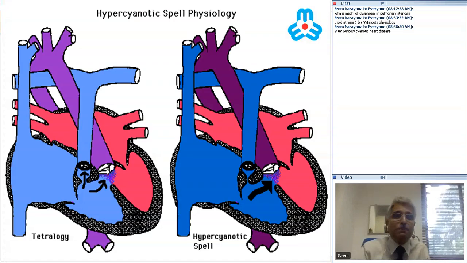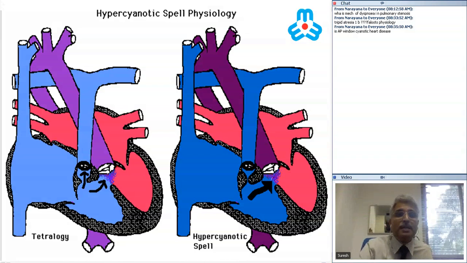If you look at this picture, this actually presumes that infundibular spasm is a major factor, which is not true. The systemic vascular resistance is equally or even of greater importance, but as a cartoon, this is useful.